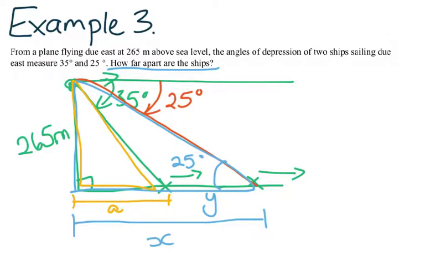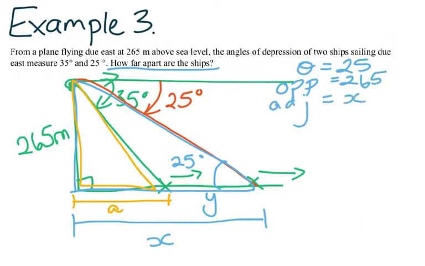So 25 degrees, so we've got the angle is 25, opposite 265, and adjacent is x. So tan 25 is equal to 265 on x.